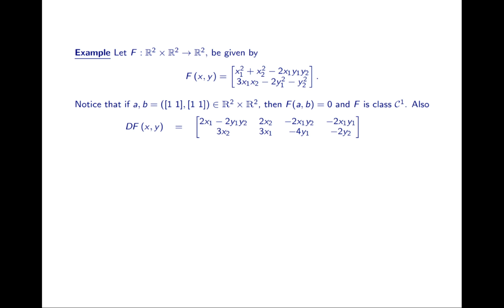So we can check that that ordered pair indeed satisfies f of a comma b is equal to 0. So we can also see that f is clearly class C1 because I can take a derivative in every direction and get something that's still continuous. In fact, the derivative is this 2 by 4 matrix. Again, 2 by 4 because the domain of f can be thought of as four-dimensional.